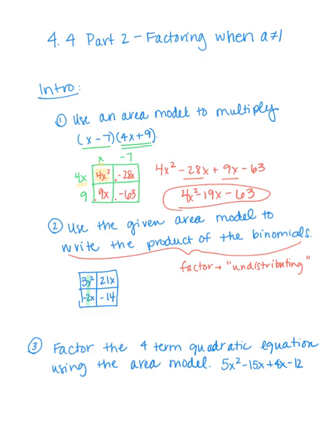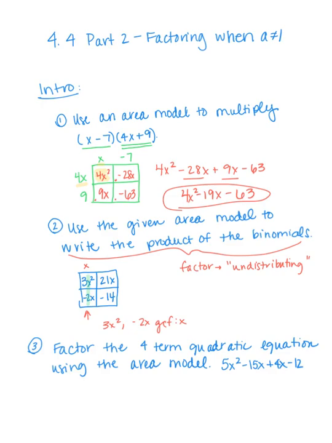So the GCF of 3x squared and negative 2x is x. Okay, so the GCF here is x. And so what we're going to do is we're going to go up. We're looking up this column, and we know the GCF is x, so we're going to put it at the top of that column. Okay?